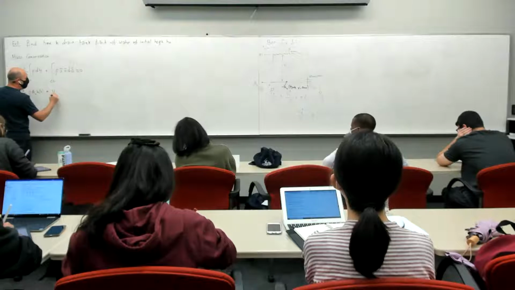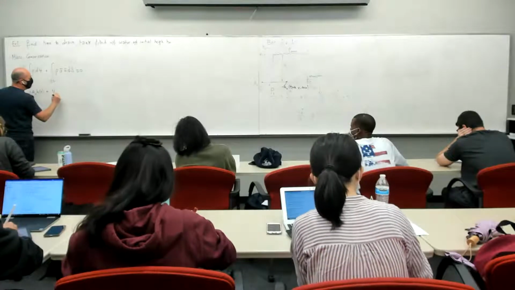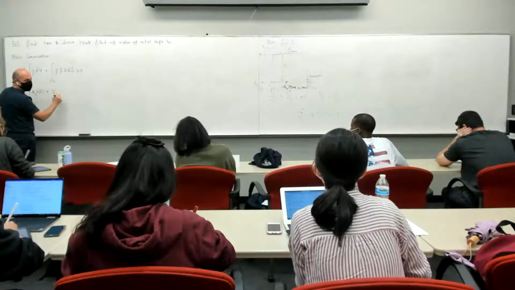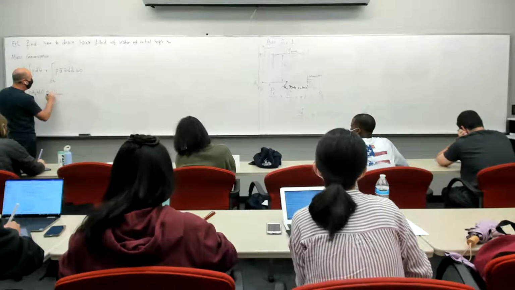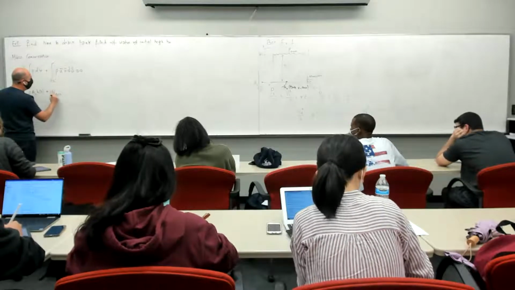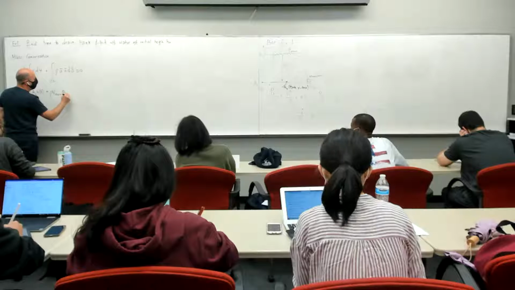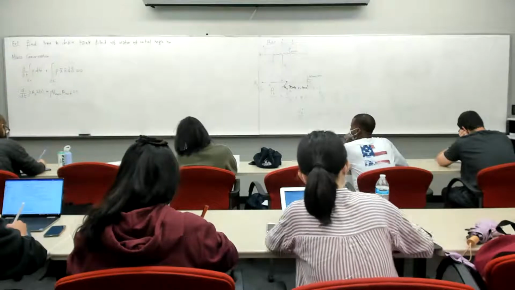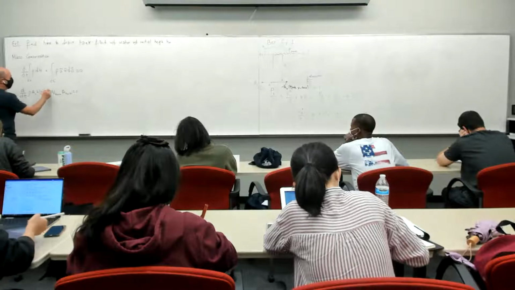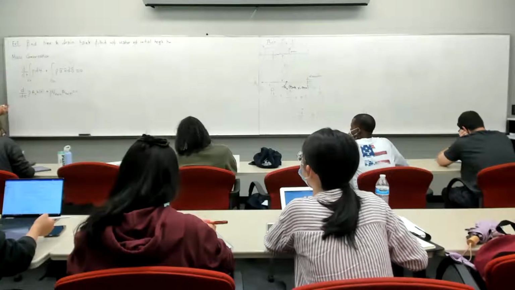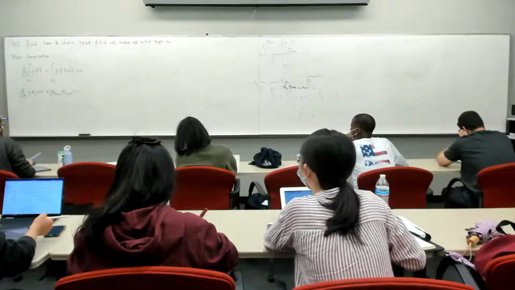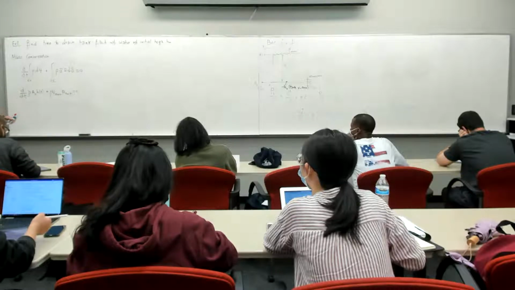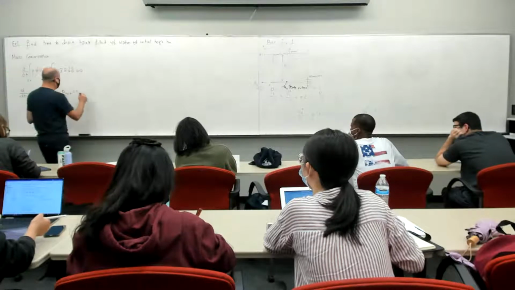So let's call it V exit, times A exit. And we have rho V exit times A exit equal to 0. So we drop out the density because it's assumed to be constant. A tank is constant, A exit is constant, etc.